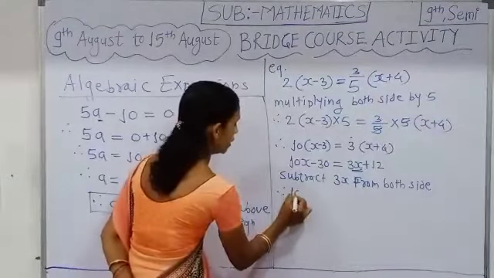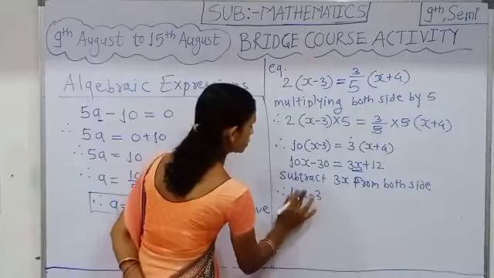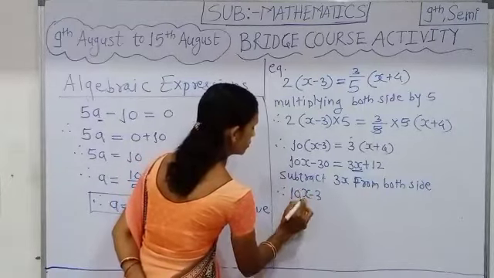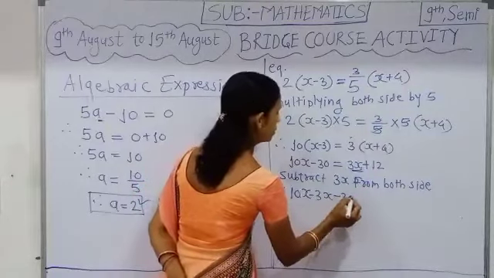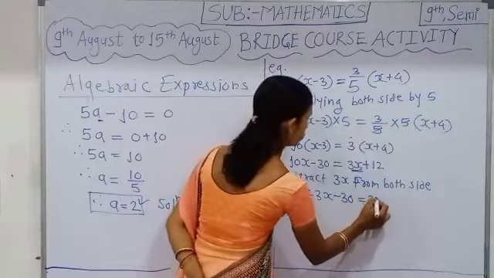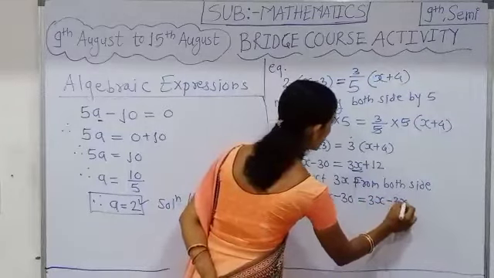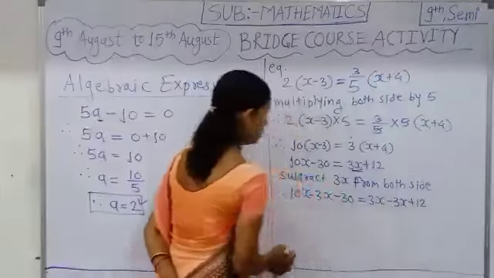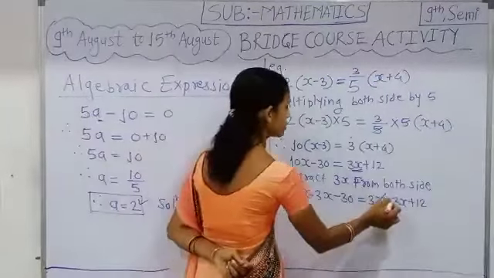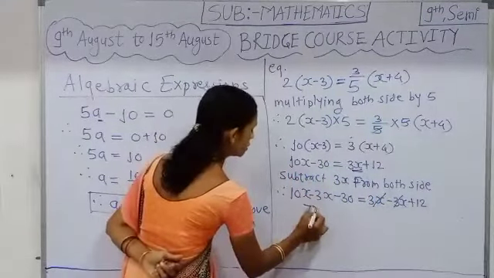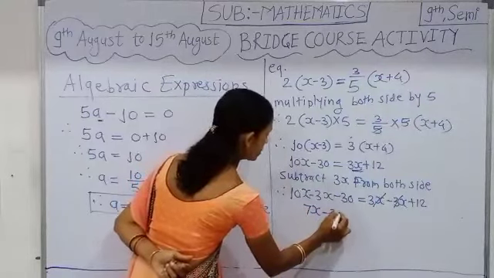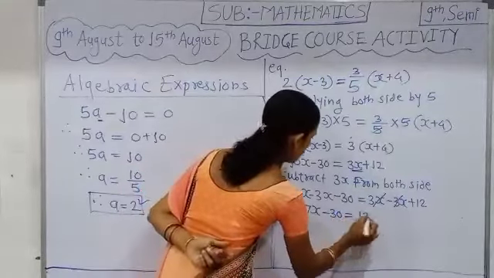Therefore, 10x minus 3x minus 30 is equal to 3x minus 3x plus 12. Then see here, 3x minus 3x gets cancelled. Here 10x minus 3x, that is 7x minus 30 is equal to 12.